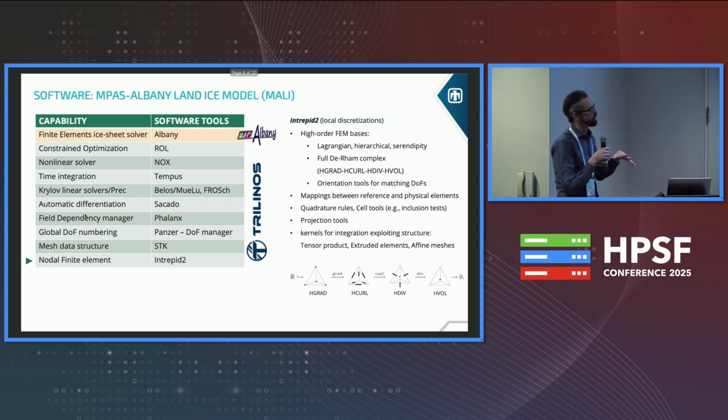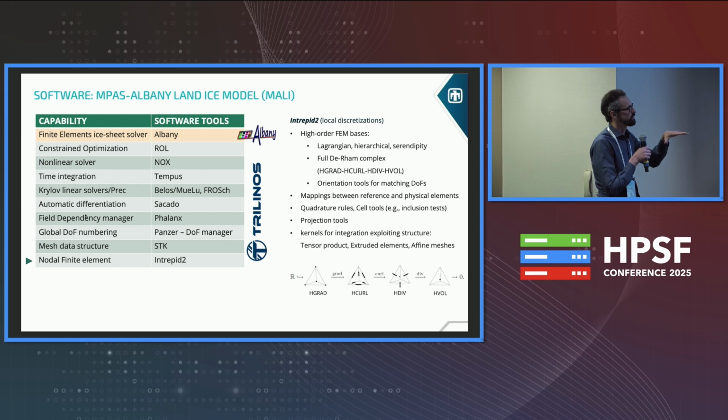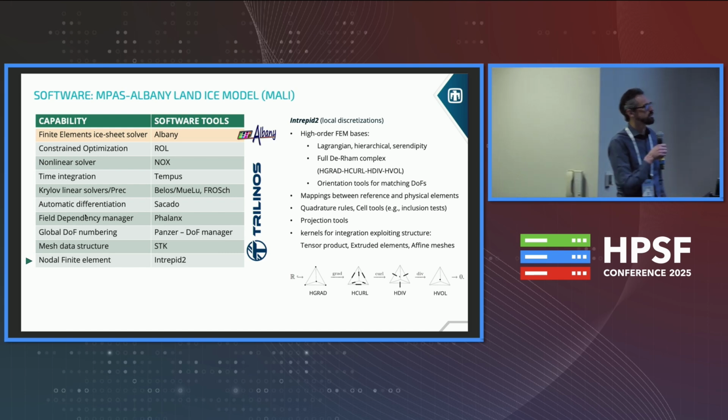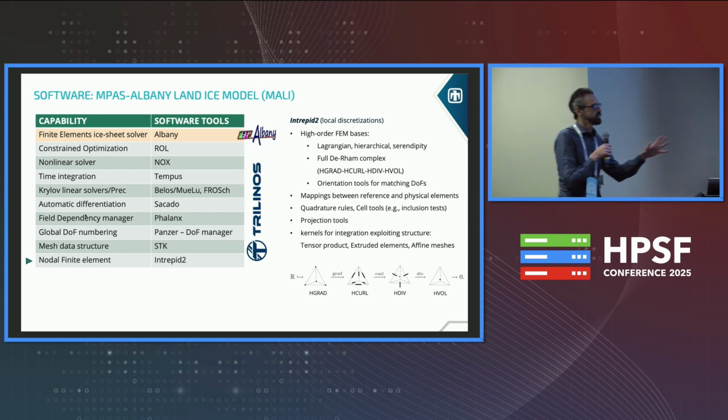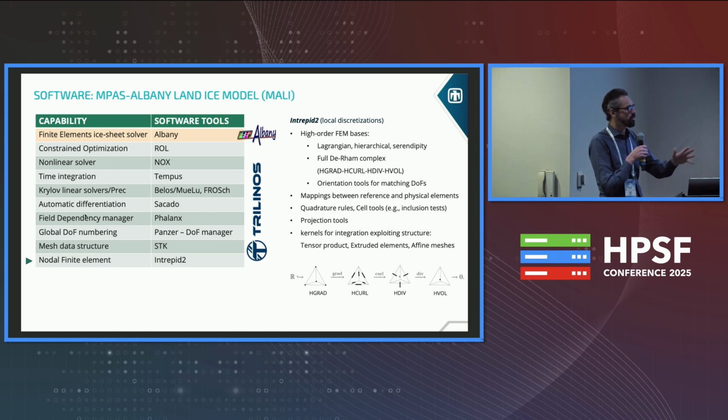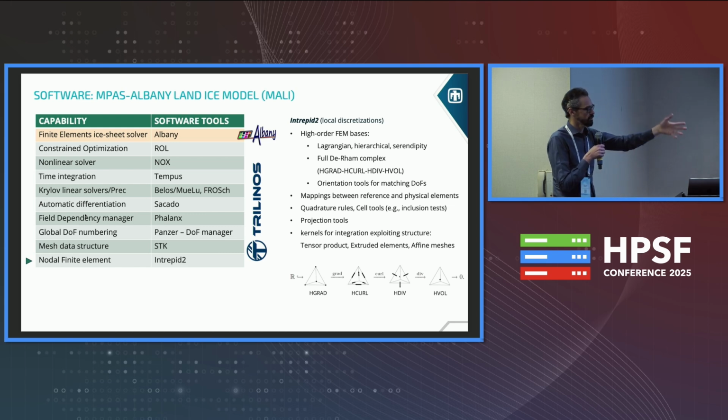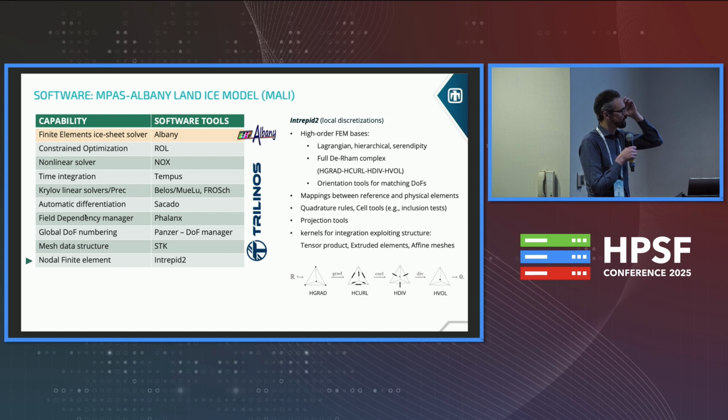The foundation is probably the Intrepid2 package, which provides local discretizations. In particular, high-order finite element bases: Lagrangian, hierarchical, serendipity. They span the de Rham complex, so we have Nedelec elements, we have Raviart-Thomas elements, and so on.